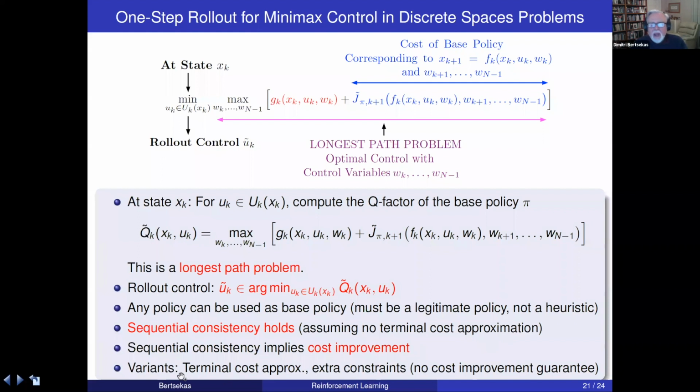And there are similar variations. Truncated rollout with terminal cost approximation. Additional constraints, like in constrained rollout. But once you introduce this, there's no cost improvement guarantee. So in principle, Minimax rollout is similar to rollout for stochastic problems.